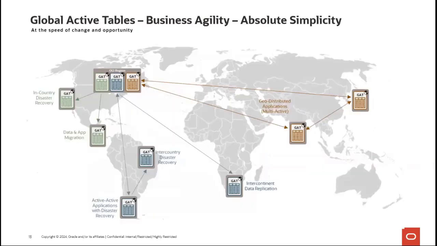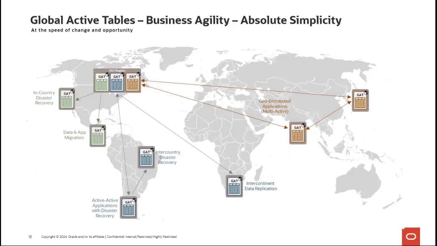So when you really start to think about global active tables, you can get some very interesting combinations of things. Here we're showing you a couple of different types of global active tables where we can use them in different types of environments.